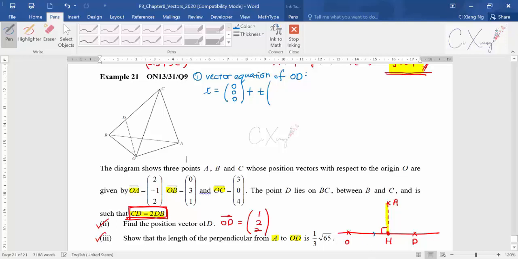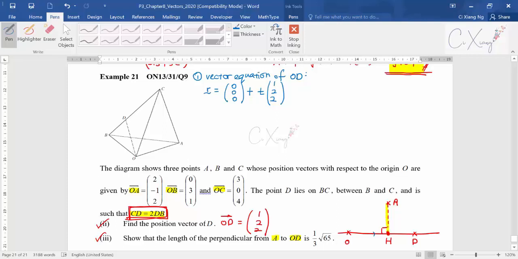The direction of the line will be OD, and just now you already found that OD is 1, 2, 2. So this is the vector equation of OD. It is not wrong if you put 1, 2, 2 as the passing point, because D is also one of the points on the line. So 1, 2, 2 plus t times (1, 2, 2) is also no problem. They are actually the same line. Okay, so this is the first step.